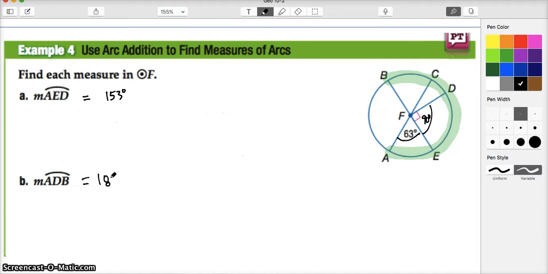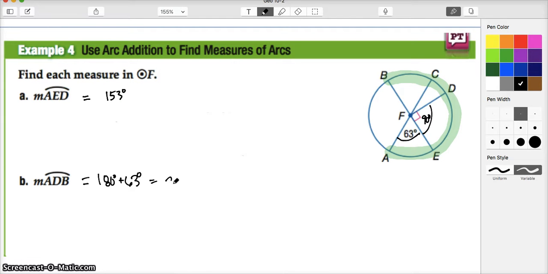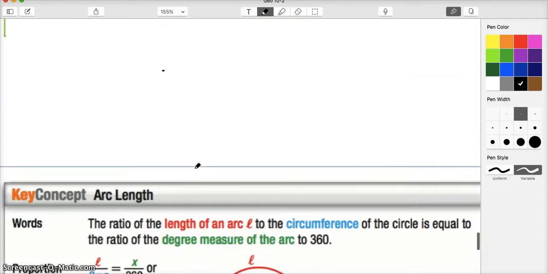So 180 plus 63 is going to give me the grand total of 243 degrees. Hopefully that's making sense.